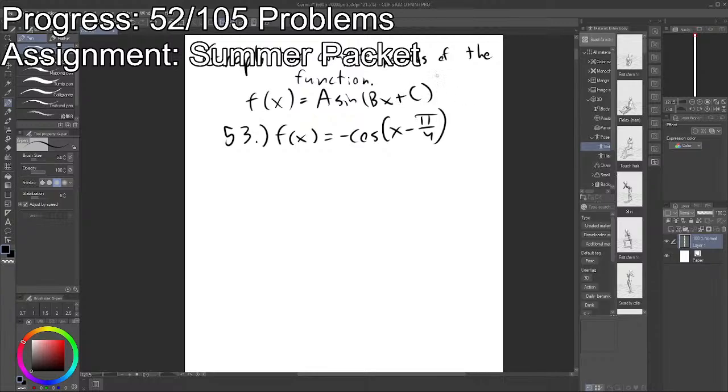I think this is the same for a cos. Alright. So the negative in front, that's amplitude, I'm pretty sure.